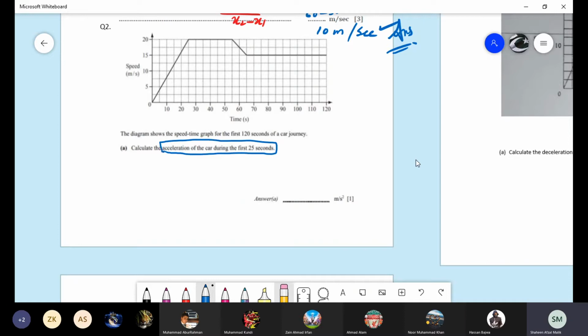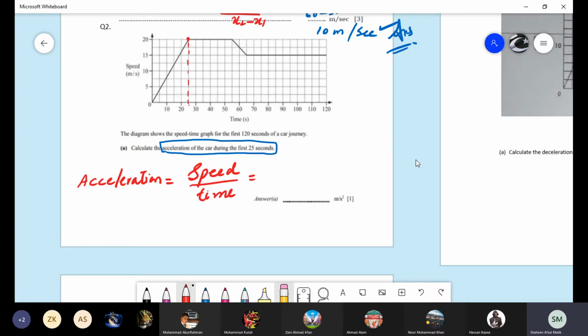You can write the acceleration formula here. Acceleration is equal to speed over time. The question is, calculate the acceleration of the car during the first 25 seconds. 10 seconds, 20 seconds, 25 seconds. 25 seconds means this is the point.